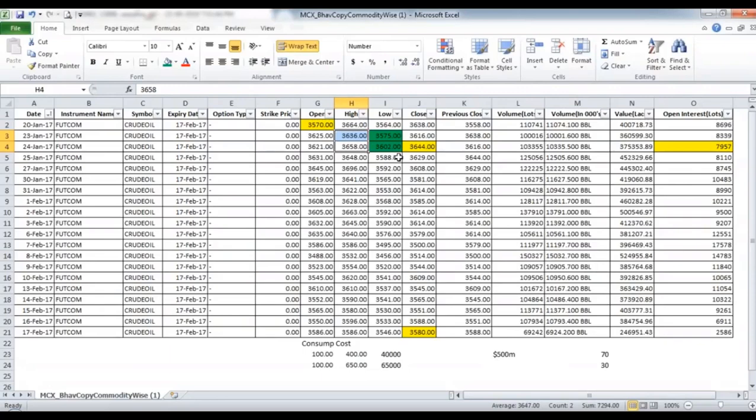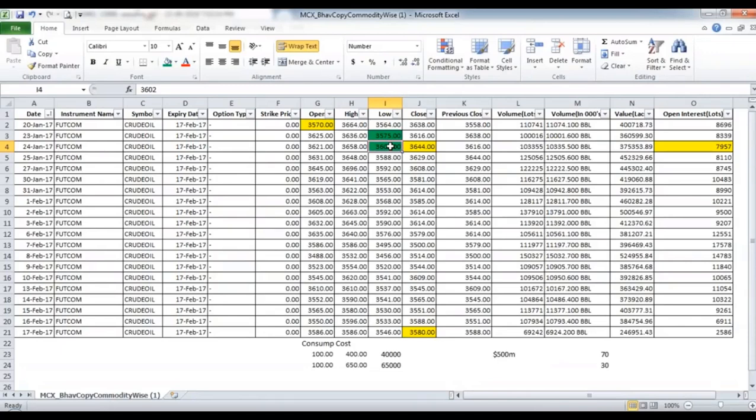Now if for some reason, some fluctuation, it tries to go towards this 3602, and it doesn't fall below 75, and the price tries to revert back, is it a situation where it's a buy?